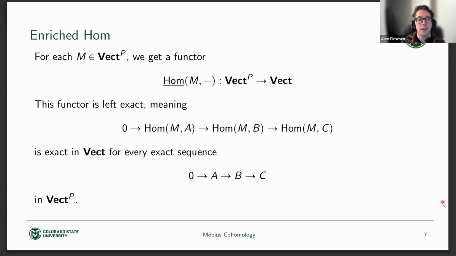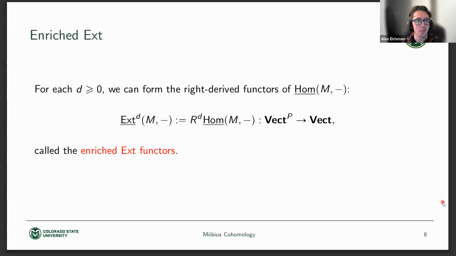And so that means that we can do some homological algebra. So for each D, we can take the right derived functors of this enriched hom functor. And I'll recap the recipe for doing that, but we're going to call those functors the enriched Ext functors.